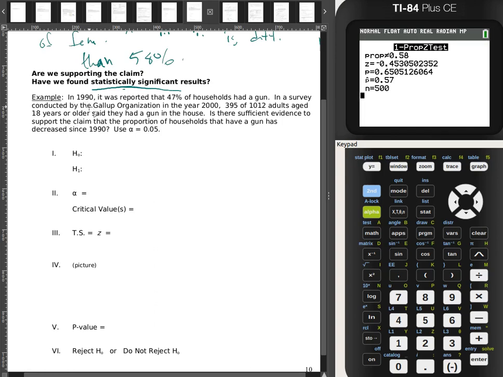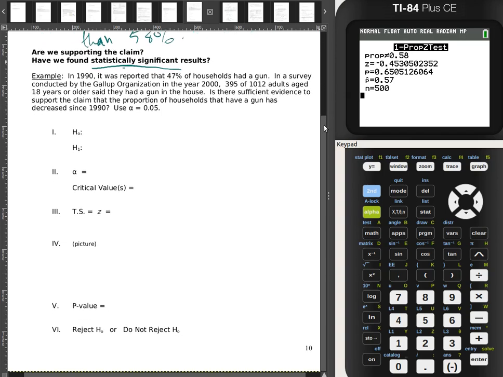It says in 1990, it was reported that 47% of households had a gun. In a survey conducted by the Gallup organization in 2000, 395 out of 1,012 adults said they had a gun in the house. So we're assuming that somehow by just surveying adults, we ended up with some type of a random sample and that everything is good on that front, because we don't really talk about the sampling methods.